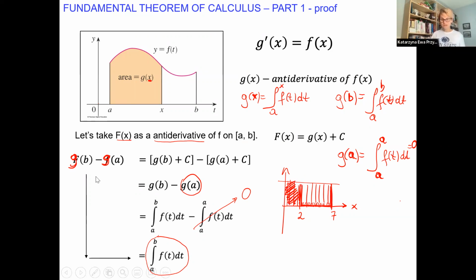We can see g of b, because b will be the upper limit. Let's use 7 and then 2. From 7 we subtract 2. Of course it's more detailed, but the bigger picture is that in order to evaluate a definite integral, we just need the antiderivative and the difference between the values at the endpoints, just the endpoints.